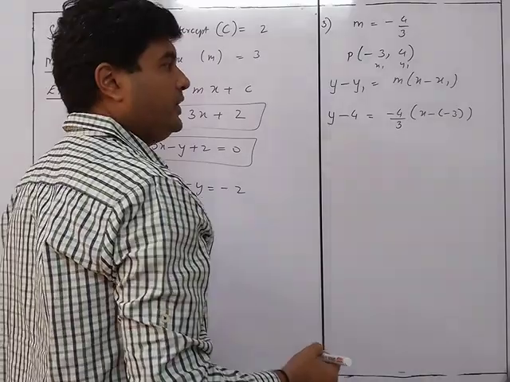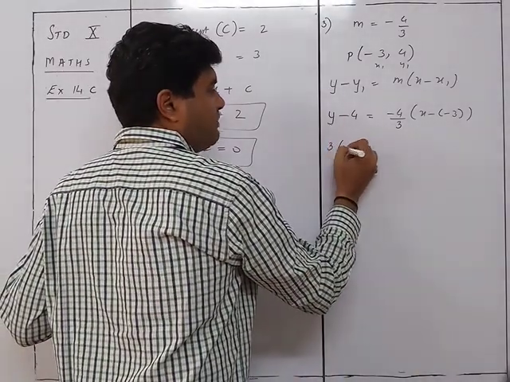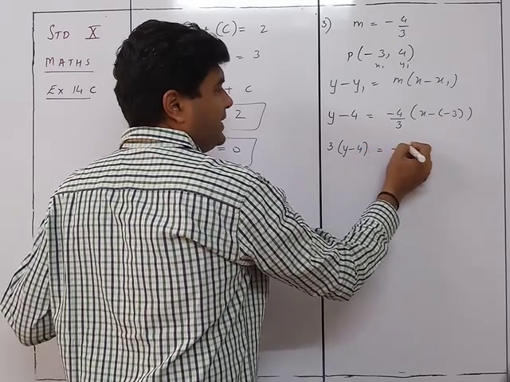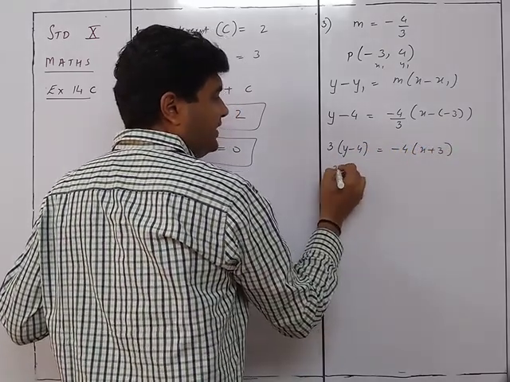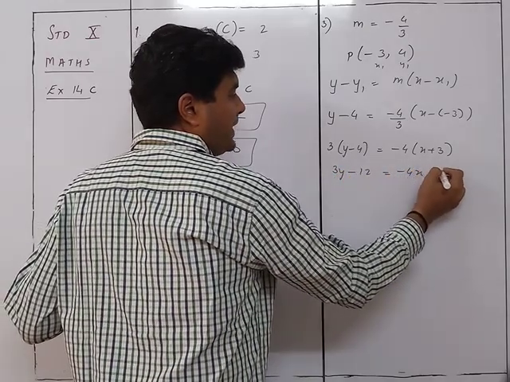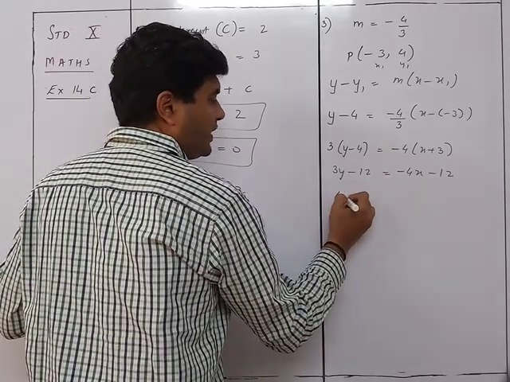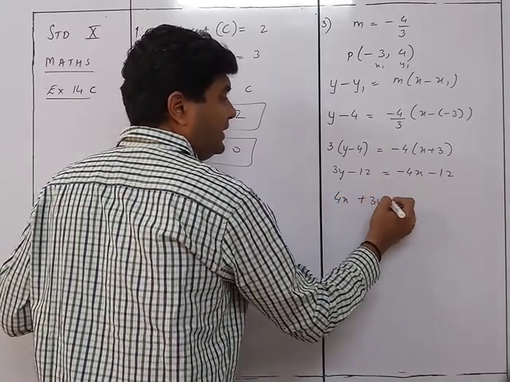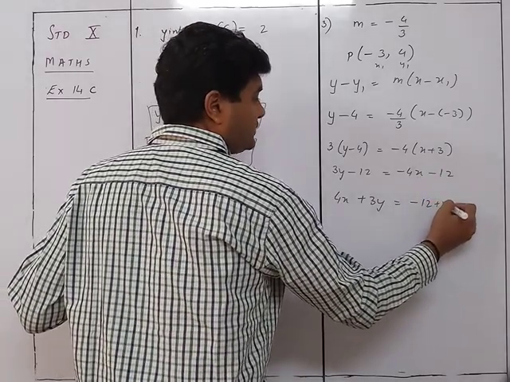So we need to just make this proper. So this is 3 into (y - 4) = -4 into (x + 3). Accordingly it is 3y - 12 = -4x - 12. So taking this side here and this over here, it is 4x + 3y = -12 + 12, that's 0.